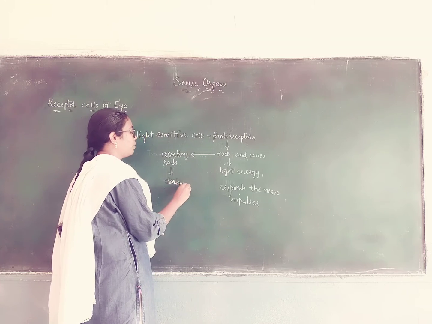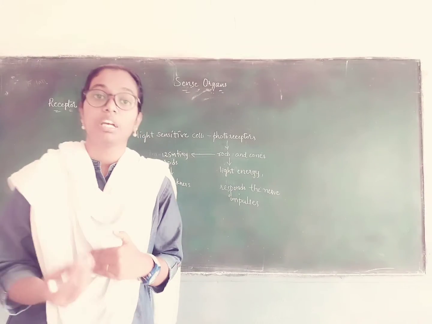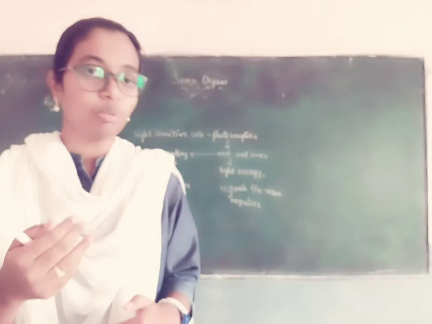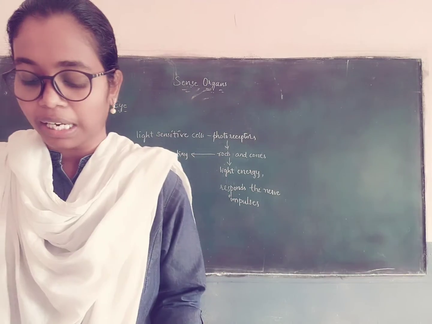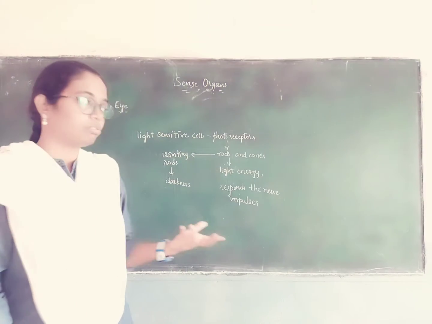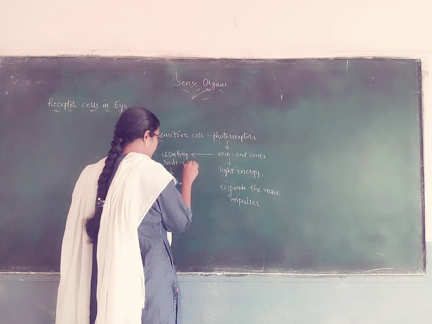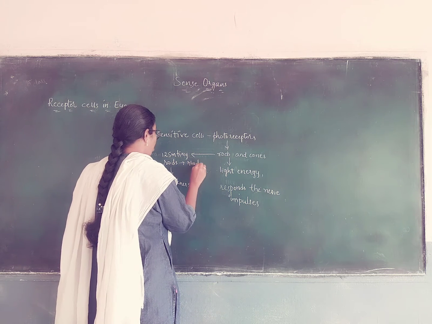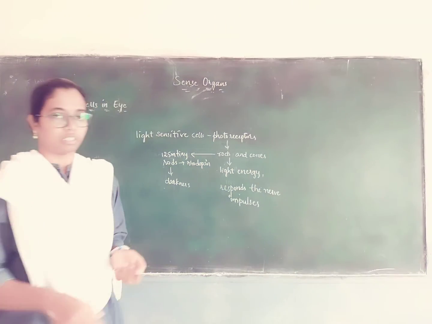We cannot get proper knowledge regarding that object, but we are able to see that particular object in the dark because of these rods. These rods have a pigment known as rhodopsin.